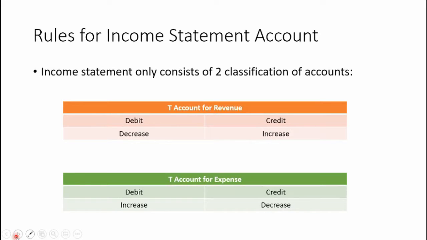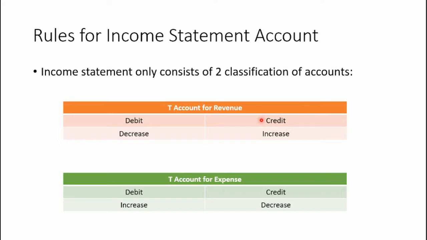So now that we have talked about the balance sheet, we will talk about income statement accounts. Income statement accounts only consist of two classifications, revenue and expense. Revenue will increase in credit side, such as our example earlier, fees earned.